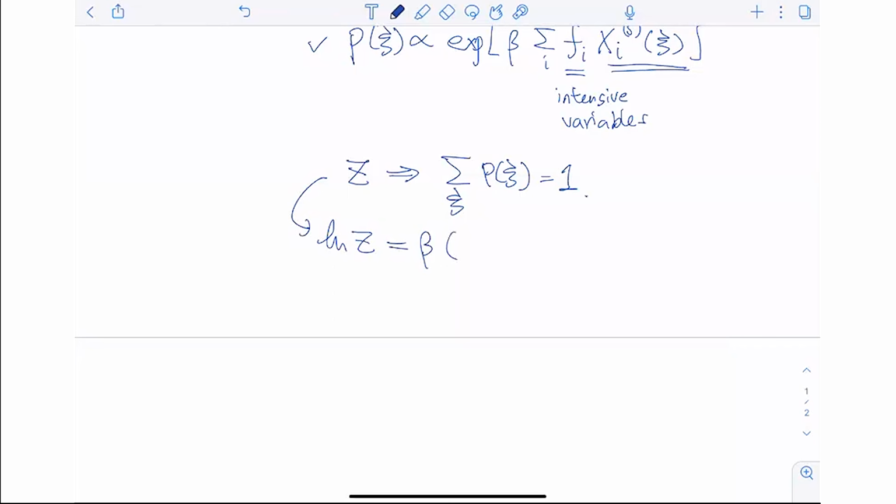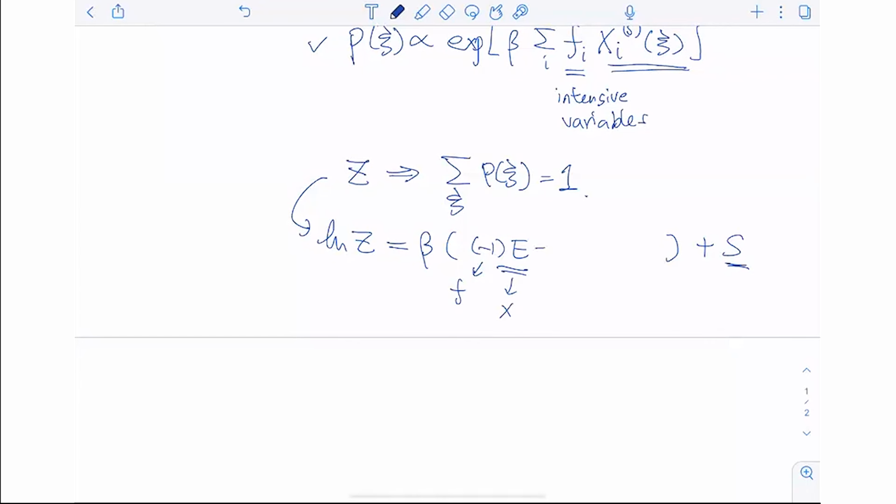So for example, if we are talking about the canonical ensemble, we will have the energy here, and here's the entropy, and this is the corresponding free energy for the canonical ensemble.